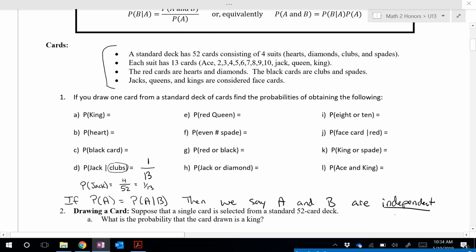Find the probability of getting an even numbered spade.